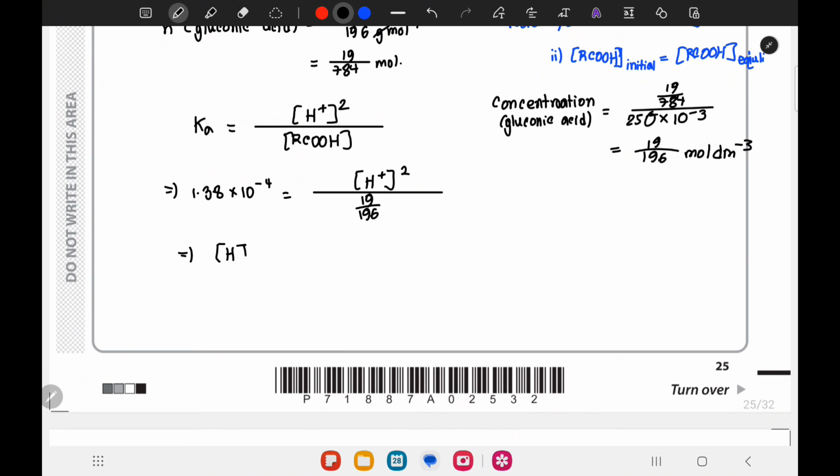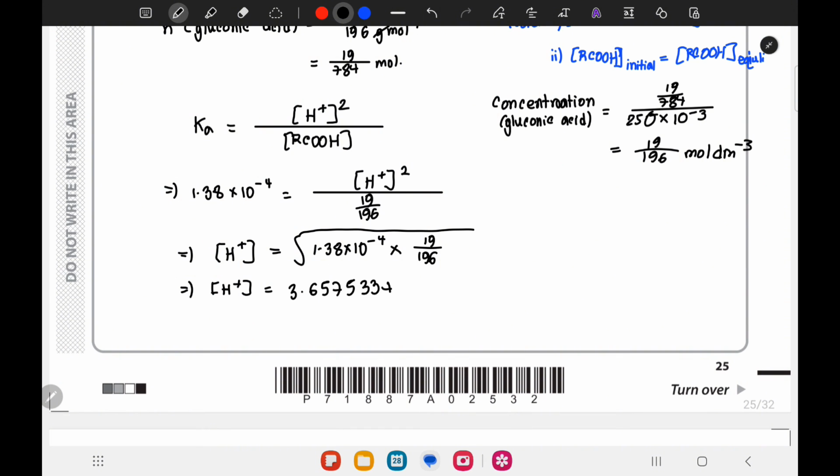The concentration of H plus squared will be 1.38 into 10 to the power minus 4 into 19 by 196. To find the concentration of H plus only, I'll take the root on both sides. The concentration of H plus comes out to be 3.657533461 into 10 to the power minus 3.